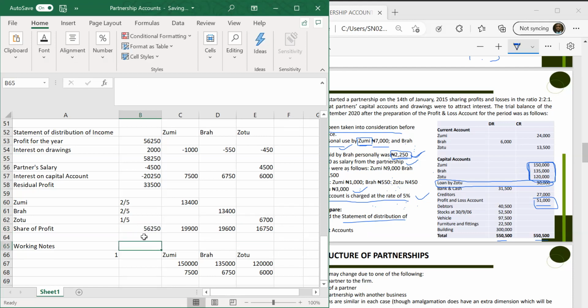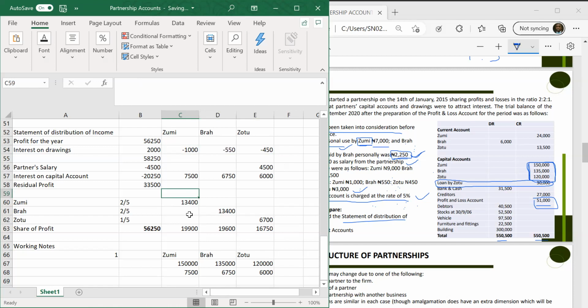56,250. Is it different from what we have up here, profit for the year? No, it's not, right? If we don't add this one to it, we'll have this 58,250. Do you understand now? So this is our share that goes to every one of them, because they also paid interest on the drawings that they made.